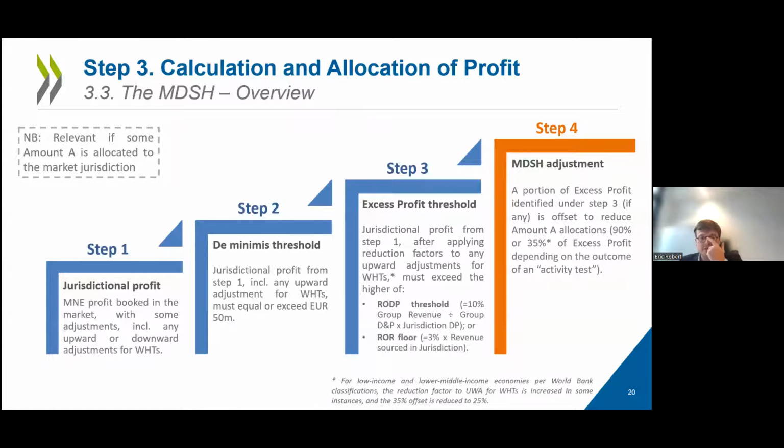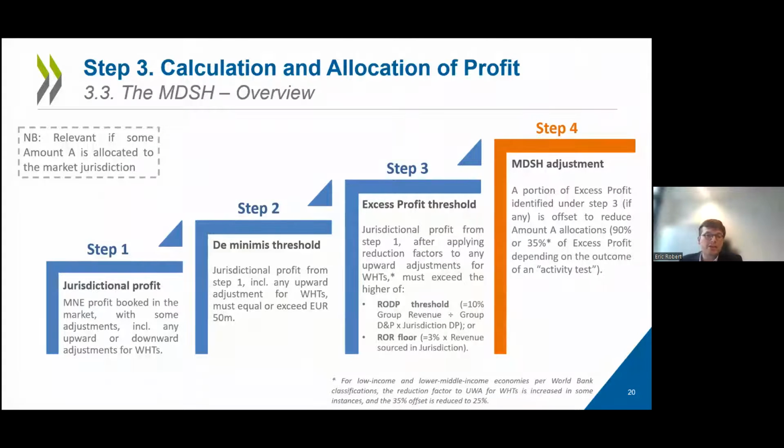But that's because the purpose of the RR floor is only to cater for specific instances, quite limited circumstances, where applying the RDP threshold to the activities of a group in a given jurisdiction would lead to an artificially low normal profit amount. And that's because the DP situated in the jurisdiction is extremely low.